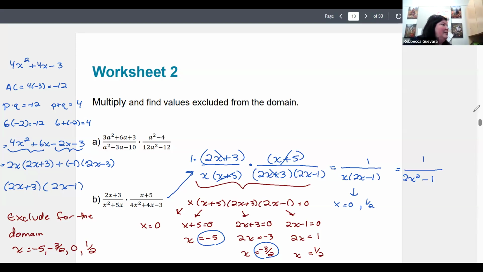And my writing tool disappeared. There's my writing tool. I know you can't see it, but my writing tool just disappeared on me. We just have to point out that x also cannot be -5 and -3/2.